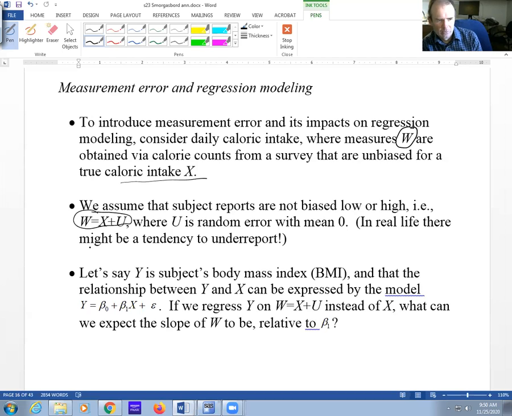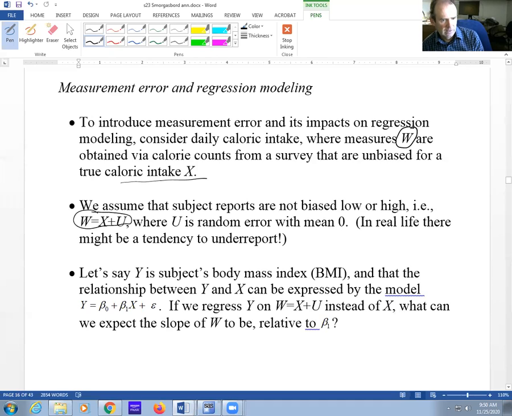I would think that in real life, there may actually be a tendency for W to be less than it should be, so it would be biased low. But let's just say that it's unbiased, that we can make some adjustment for underreporting, and that W is equal to X plus U. So X is the actual calorie intake, U is some random error that has mean 0.